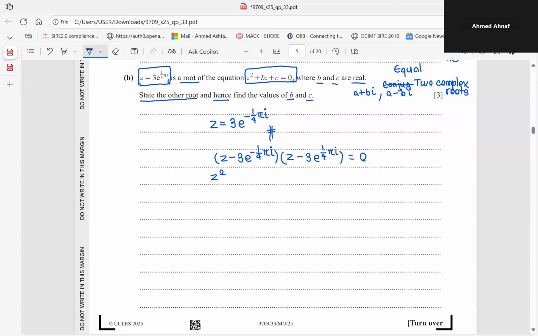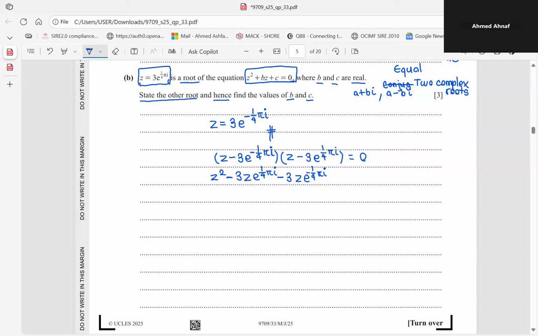Z times negative 3 times e to the power of 1 over 4 pi i, that's minus 3z e to the power of 1 over 4 pi i. And then minus 3 times e to the power of negative 1 over 4 pi i times z, that's minus 3z e to the power of minus 1 over 4 pi i.